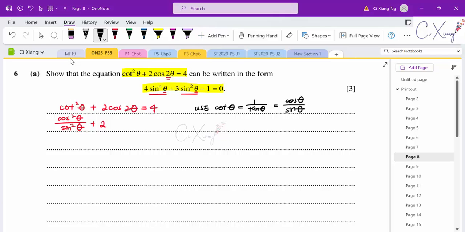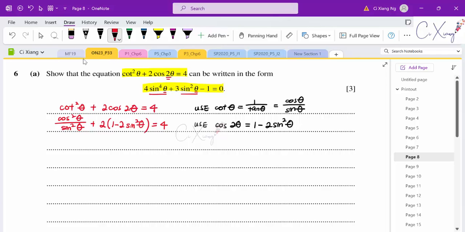We are going to use cos 2 theta equals 1 minus 2 sine squared theta. So for this step I substitute 1 minus 2 sine squared theta, and then it equals 4.